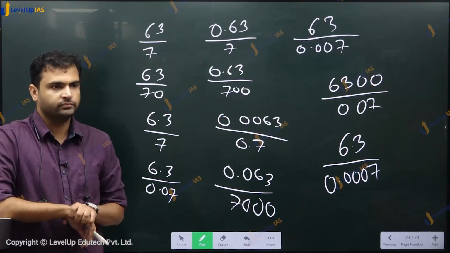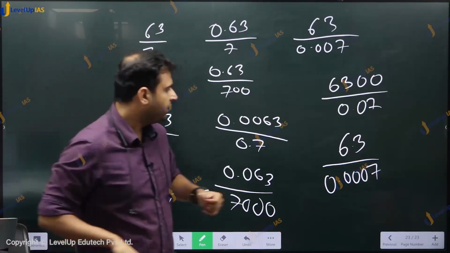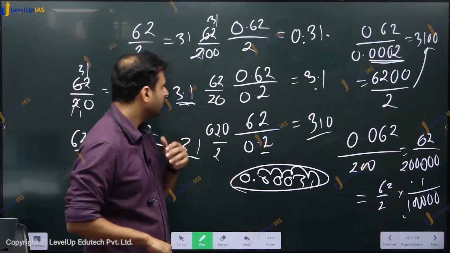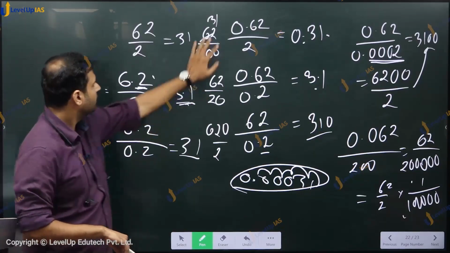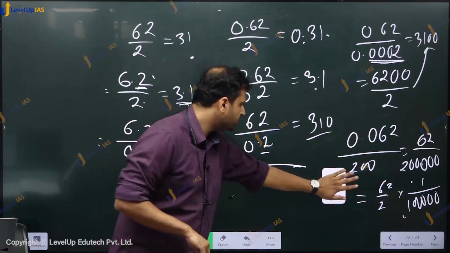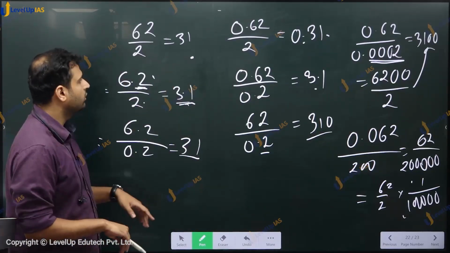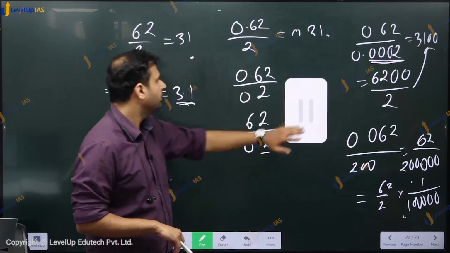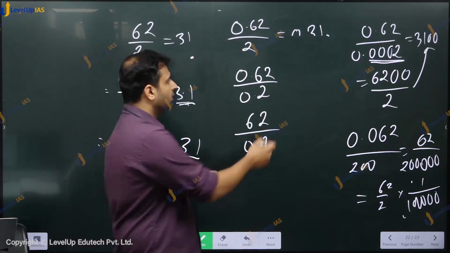लिख लिए questions. Fine. Now Sunil wants me to repeat method number 2. In method number 2 what we did was we just counted digits after decimal points in the numerator as well as denominator. So for example here, we perform the division forgetting that there is a decimal point.